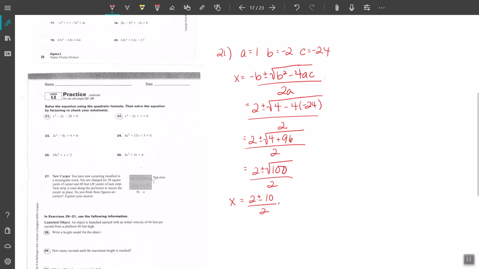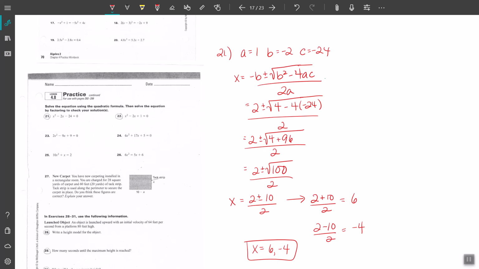So we have 2 plus 10 over 2 is one of our roots, and then 2 minus 10 over 2. So if I calculate this one, I end up with 12 over 2, which is x of 6. And this one will be 2 minus 10, which is negative 8, divided by 2, which is negative 4. So our two values for x in this problem are 6 and negative 4.